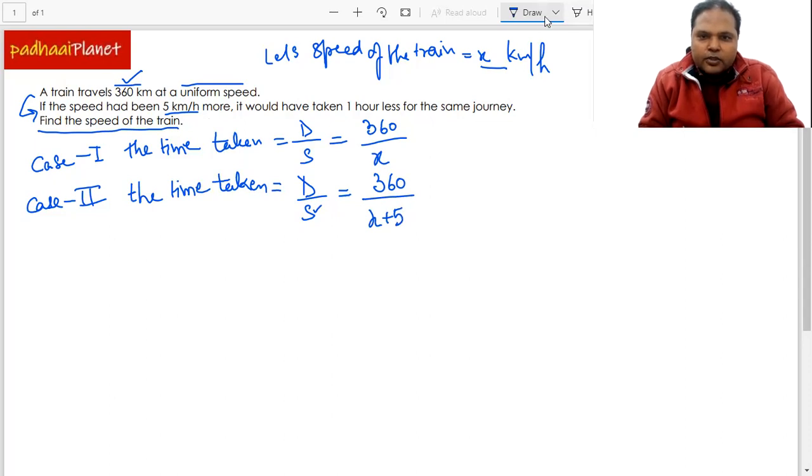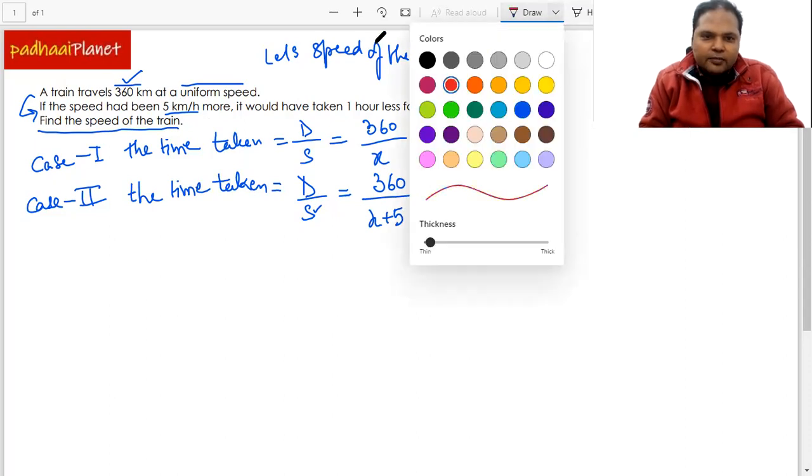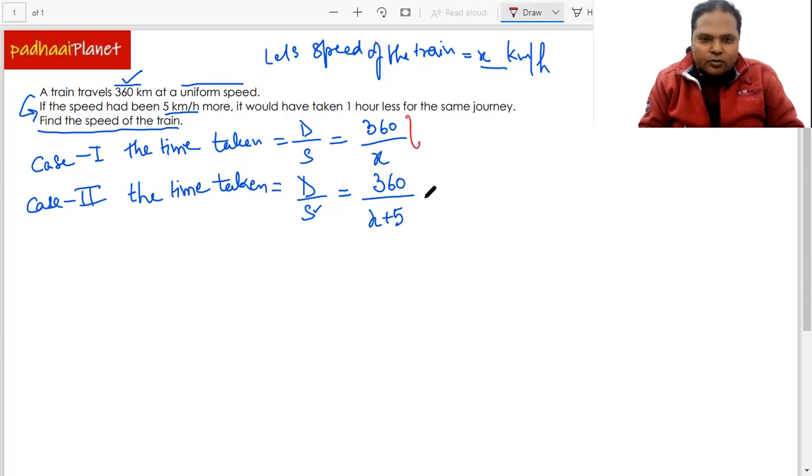Now, as per the question, the difference of the time taken in these two cases is 1 hour. So that's the relationship which is there. Now we are going to put this relationship into an equation form, and then we'll start solving it. It says that it would have taken 1 hour less, so that means the time taken in the first case is more.